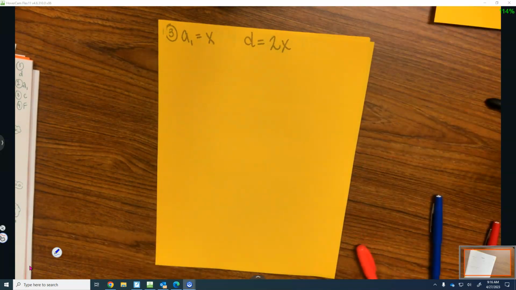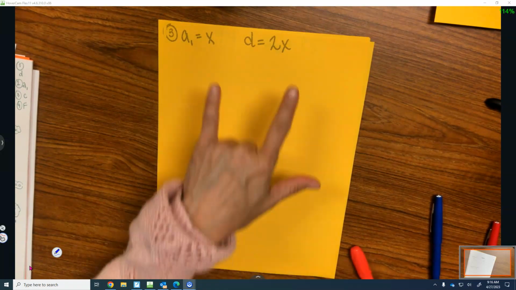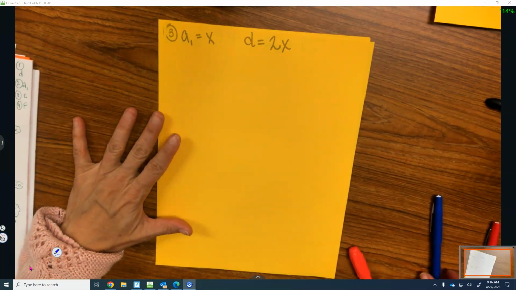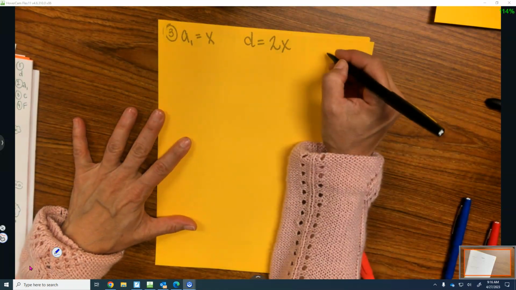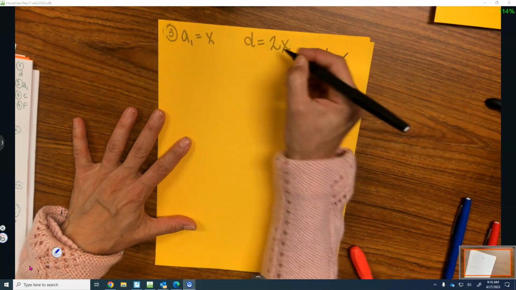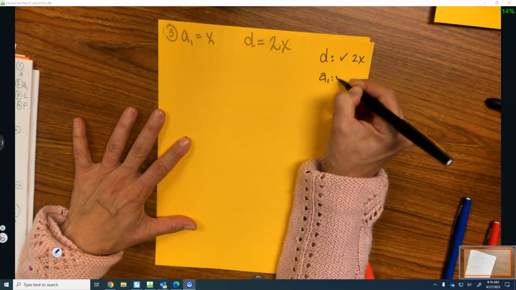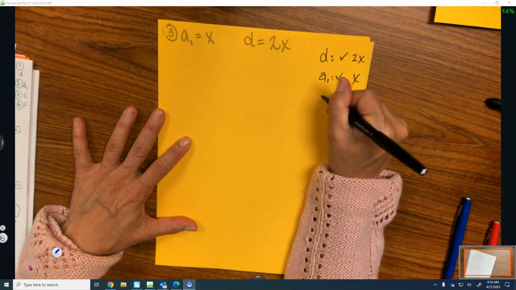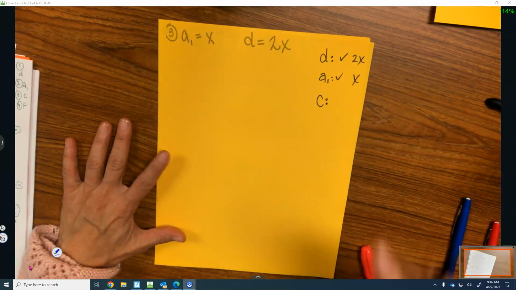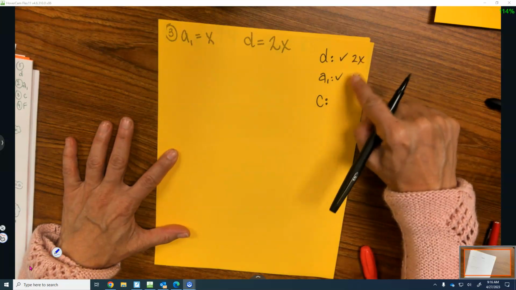Number 3 is a level 1 problem also. We're just going to leave everything in terms of x. So, d is given, it's 2x. a1 is given, it's x. Remember, your constant is the subtraction of these two.